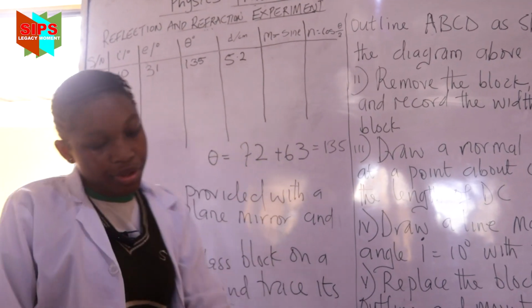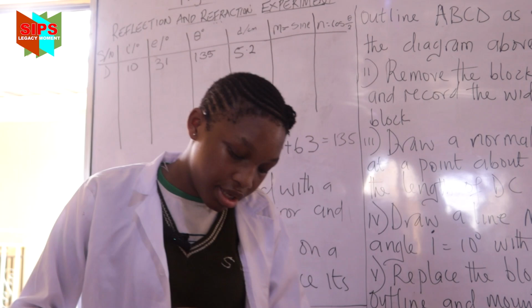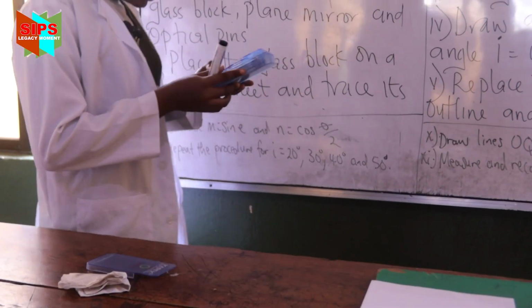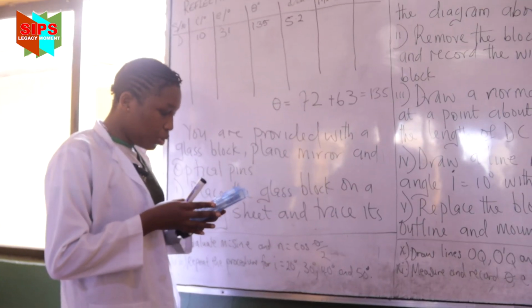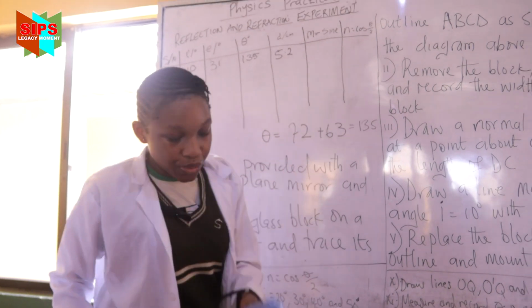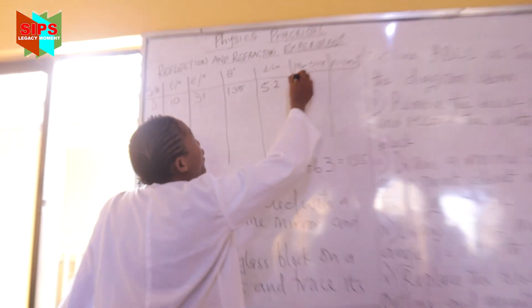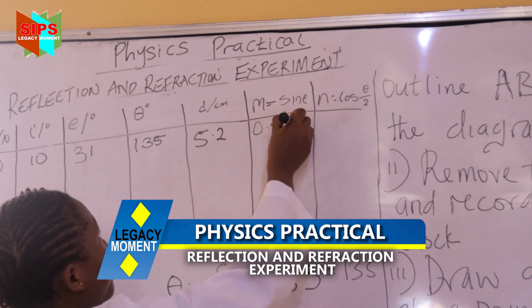E is 31. Using my calculator, sine 31 is equal to 0.5150.